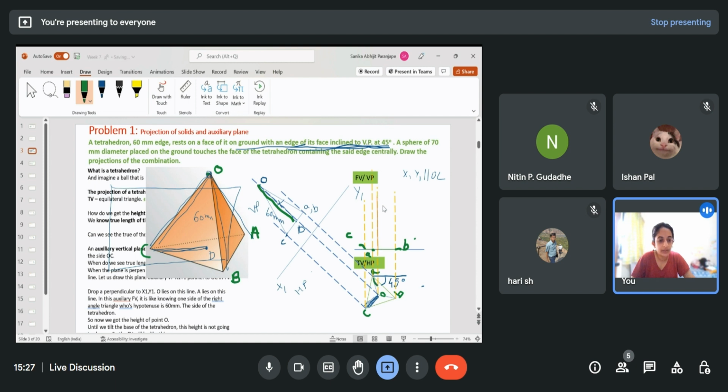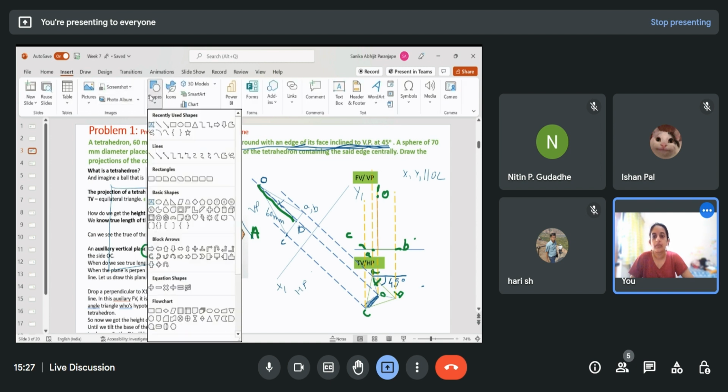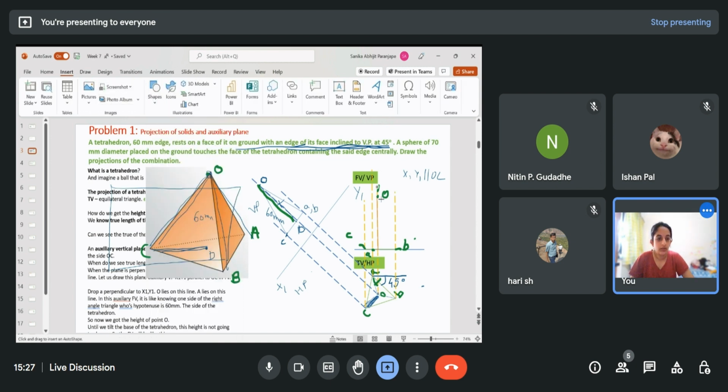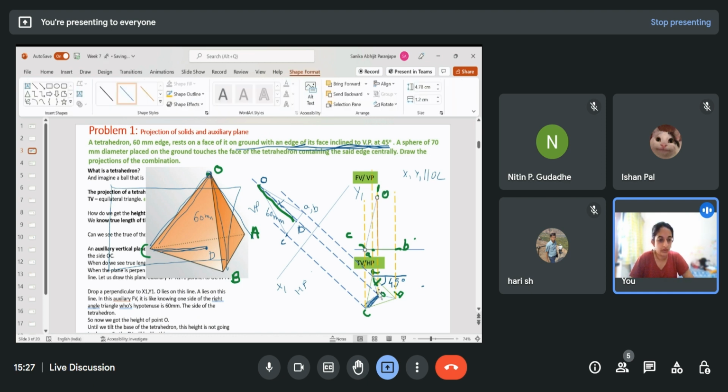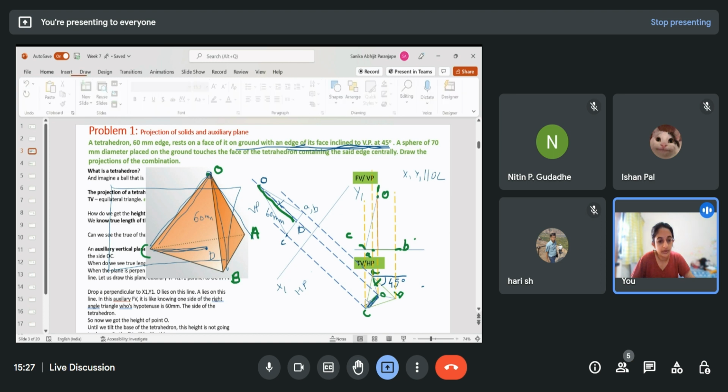It lies on this projected line, and the height is this O. So now when I join OC, I will have projection of this line OC as this.